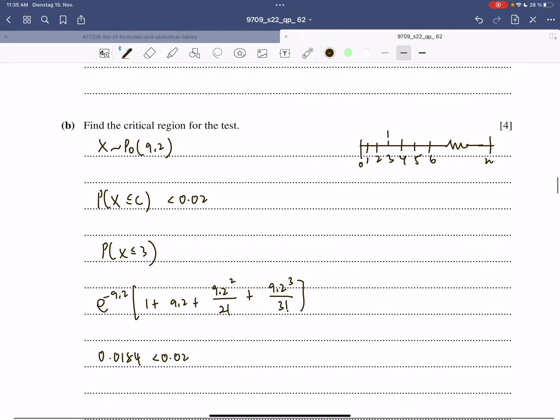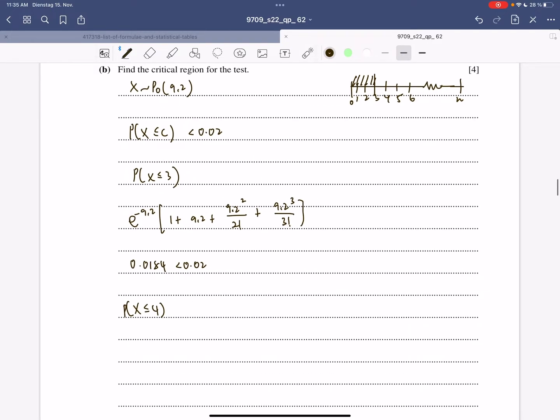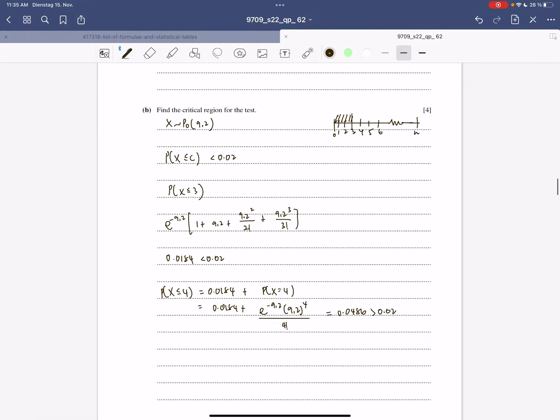If at most 3, you get 0.0184. But could it be at most 4? Let's try probability x at most 4. You just take the previous one and add this one, and you will get 0.0486, which is greater than 0.02. So it is correct that x at most 3 is our critical region.